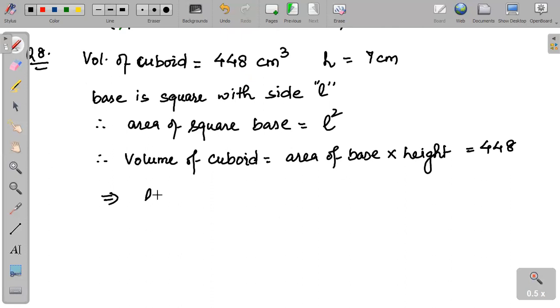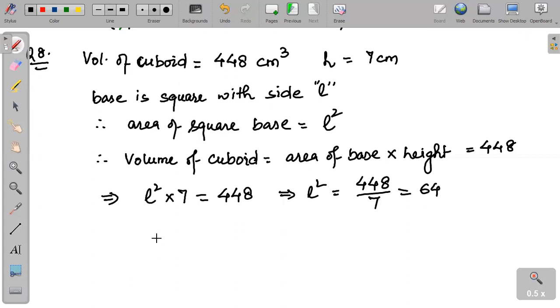Implies L square into 7 is equal to 448. This means L square is equal to 448 upon 7, that is 64. That implies L is equal to root under 64 is equal to 8 centimeter.